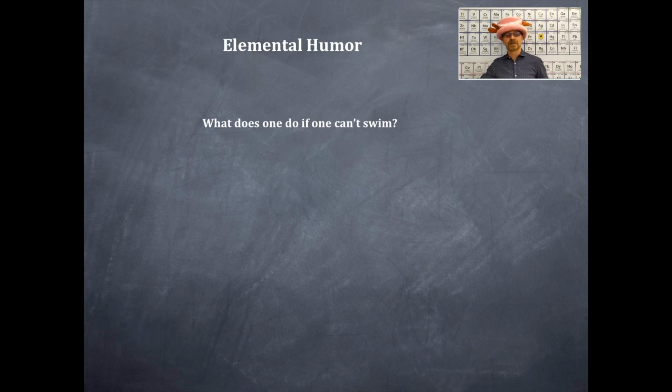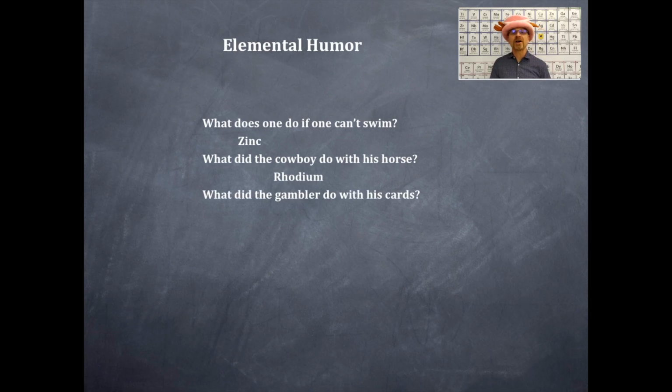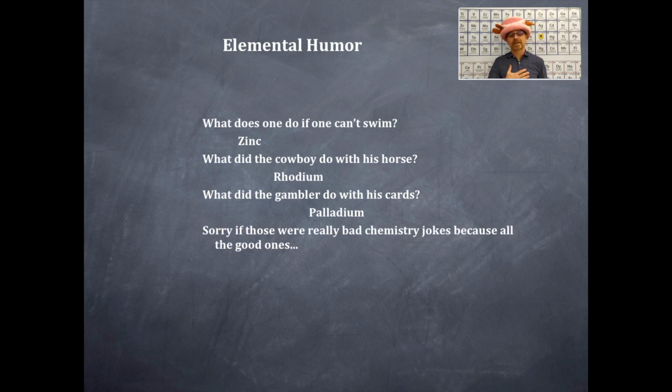Of course, you sink. What did the cowboy do with his horse? He rode him. What did the gambler do with his cards? Palladium. Of course, these are all elements, and that's why it's elemental humor, but there's one more. Sorry if those were really bad chemistry jokes, because the good ones are gone.